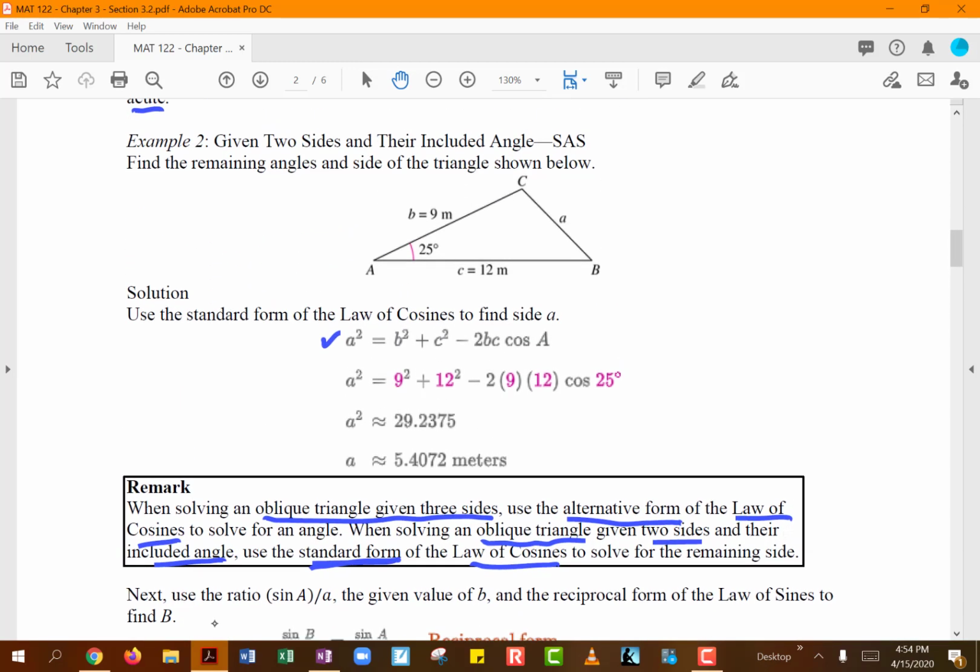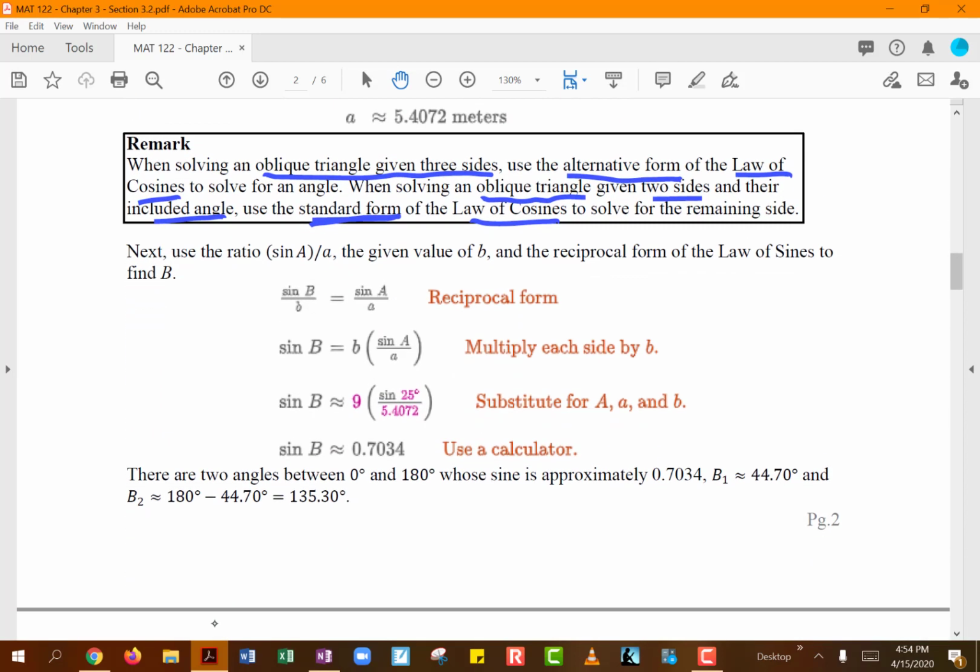Now that we have found all three sides, we can use the law of sines to help us find our missing angle. For angle B, we use sine of B over B equals sine of A over A. Get sine of B by itself and plug in the values for sides B and A and angle A. Your sine value comes out to be approximately 0.7034. Since this is a positive sine value, and of course less than 1, angle B can fall in quadrant 1 or quadrant 2.